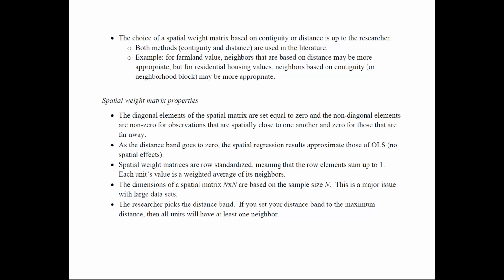If you're not a neighbor, you have a 0. As you have this distance band going to 0, the spatial regression model would approximate the results of OLS. Why? Because we will have no spatial effects. So if you have no one affecting anyone else, that would be a general OLS model.